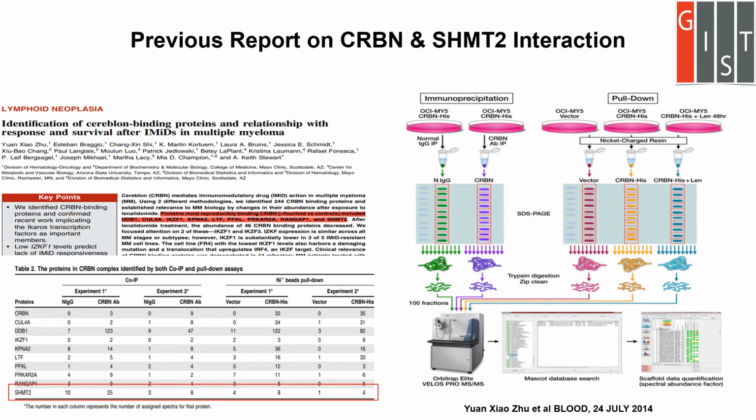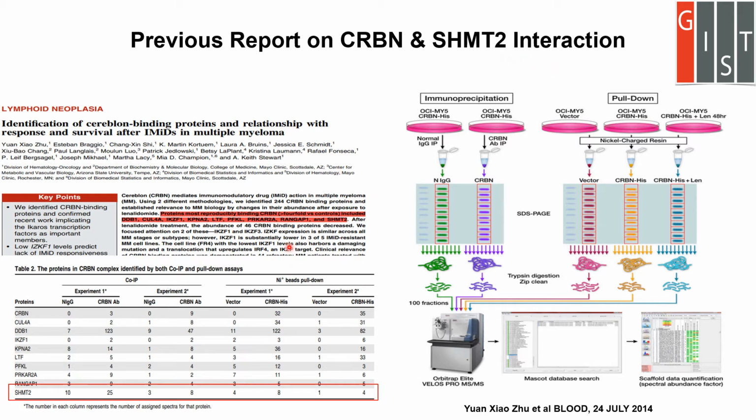Also, in order to have more background information on my research, as I am trying to study the functional relationship between CRBN and SHMT2 interaction, I found this paper in which CRBN interacts with SHMT2.